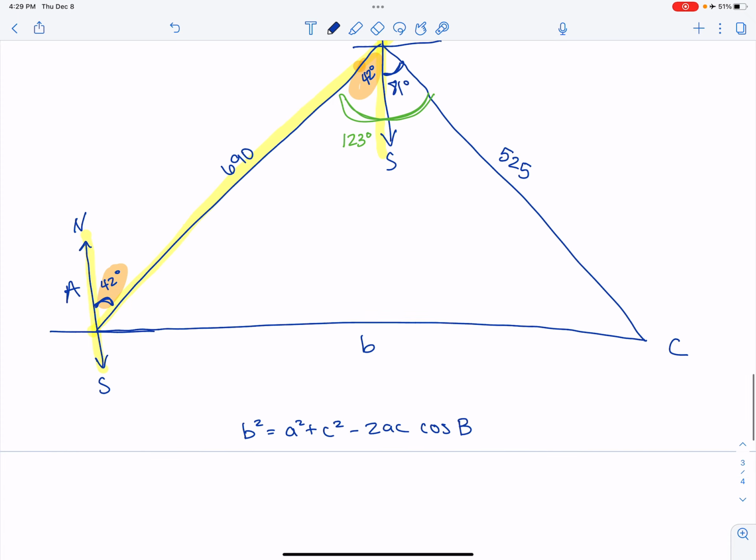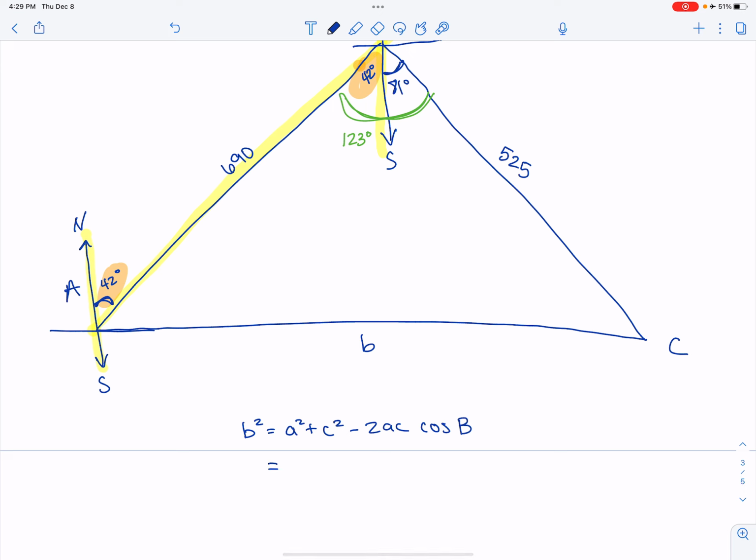So, based on what we know, this is going to be a squared, 525 squared, plus c squared, 690 squared, minus 2 times 525 times 690 times cosine of b, and we just found out b is 123 degrees.